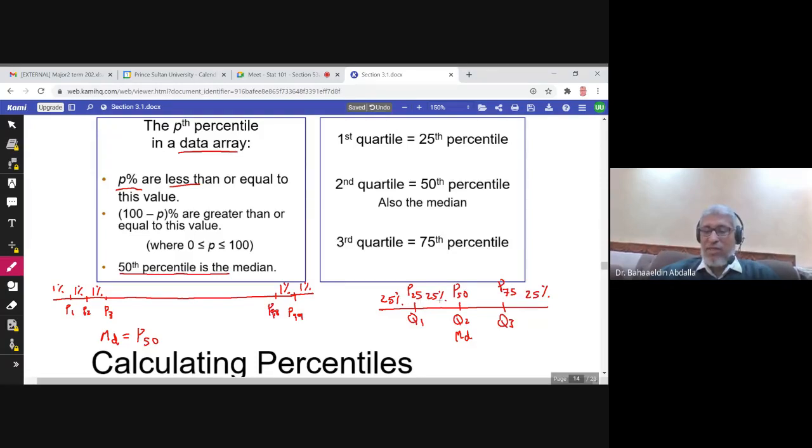So 25% here, 25% here, 25% here, and 25% here. So the 3 quartiles divide the data into 4 equal regions. Equal means we have 25% of the data in each of these 4 regions.